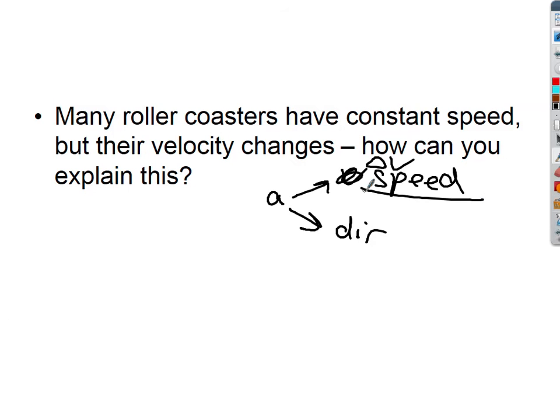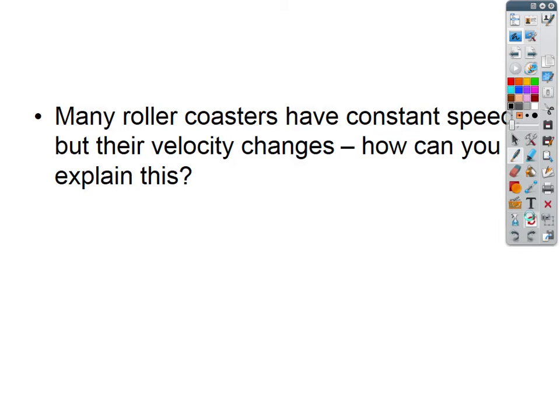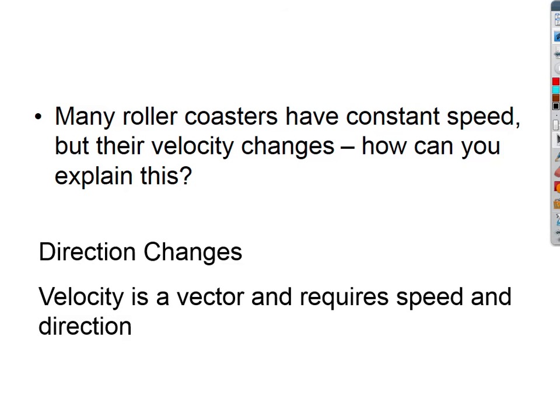The speed itself is not changing, but the direction is, so therefore we are accelerating. That will be a classic question. Any object going in a circle is accelerating, is changing velocity. It has direction and speed related to it.